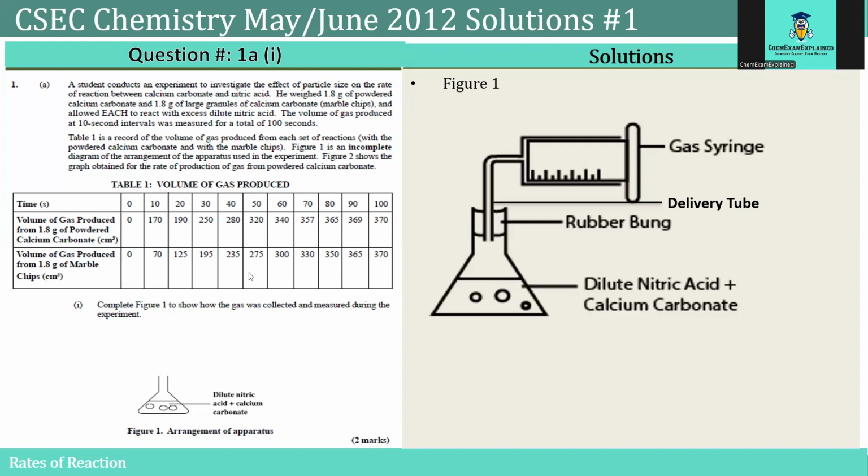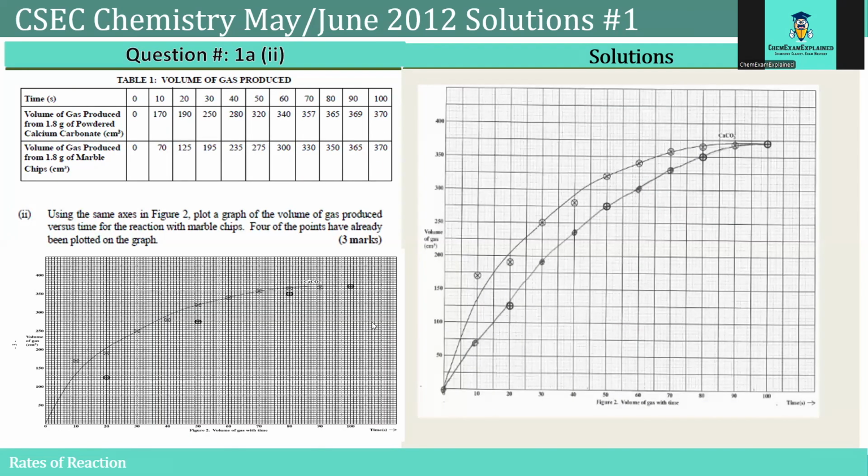So here you have the table showing the results using the powdered calcium carbonate and the marble chips, and here you have the incomplete apparatus. You should have the graph here, and you will be required to plot another set of results, another graph to show what's going on between the chips and the powdered calcium carbonate.